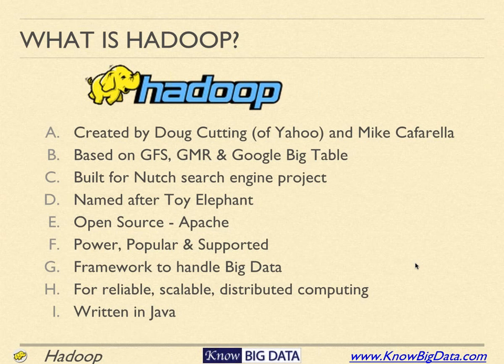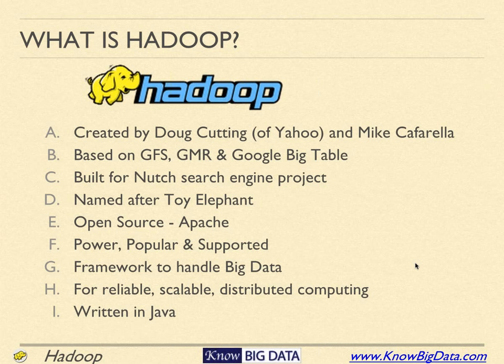Hadoop was named after a small toy elephant, and the license of Hadoop is Apache. Probably that is one big reason why Hadoop has been so successful, because the Apache license is the most liberal license, and it doesn't put any kind of restrictions on organizations.